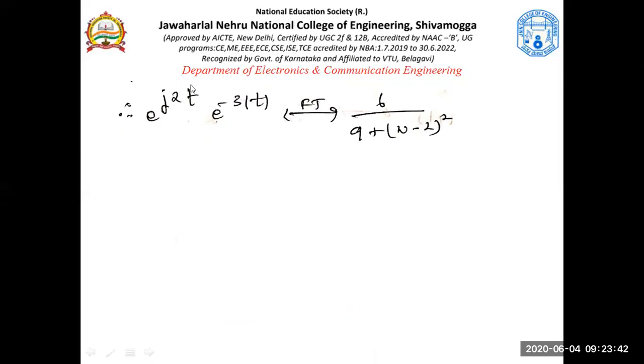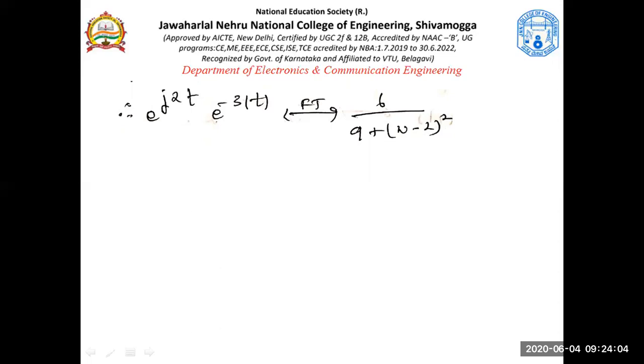So what will be the effect of this in frequency domain? It would be the frequency shift. Since it is plus 2 here, it would be minus 2 here. If it is frequency shift, the sign changes. If it is time shift, the sign would not change; the same sign would be retained in the exponential that we have in the frequency domain.